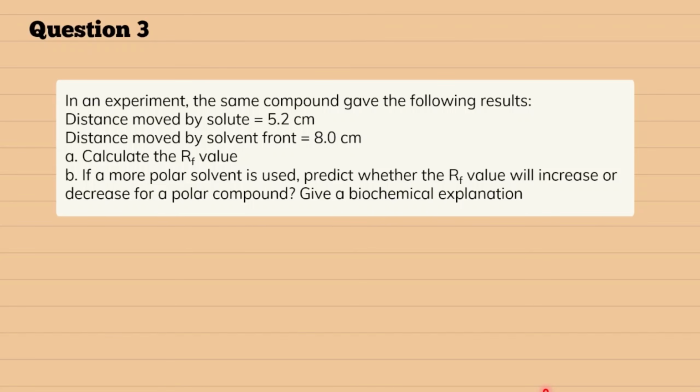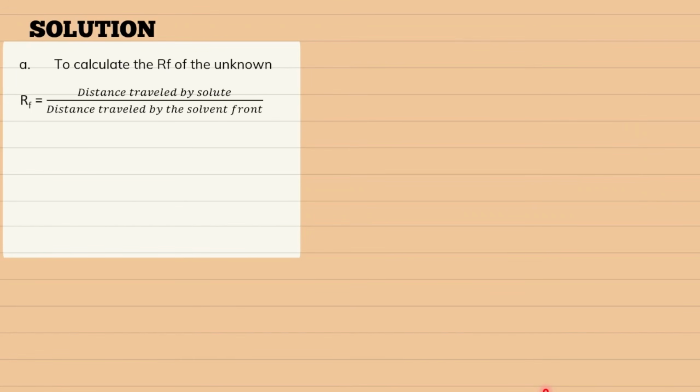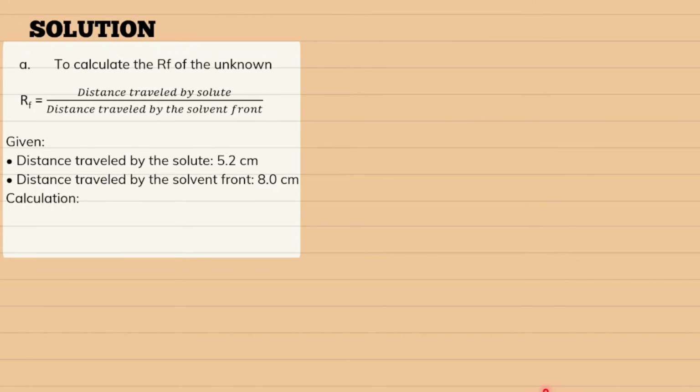Give a biochemical explanation. The second question is a little more technical, but let's start off. To calculate the RF value, we use the usual formula, and given 5.2, that will be 5.2 divided by 8.0 cm to give 0.65.